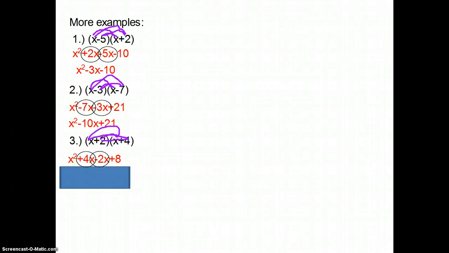As you can see, I've already pre-circled the like terms. So when you simplify it, it becomes x squared plus 6x plus 8.